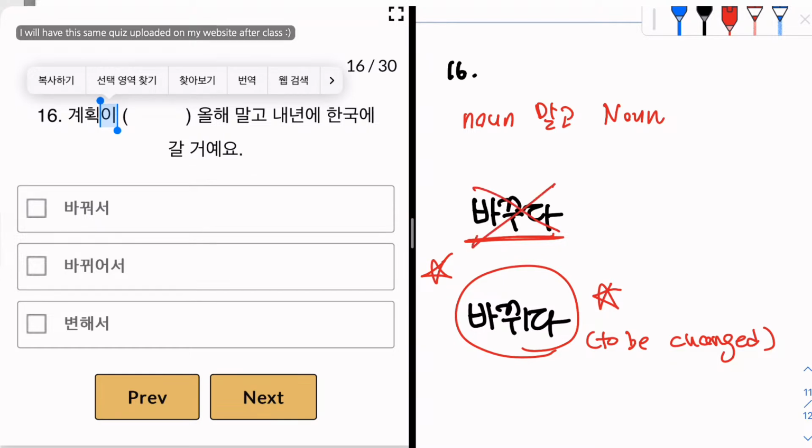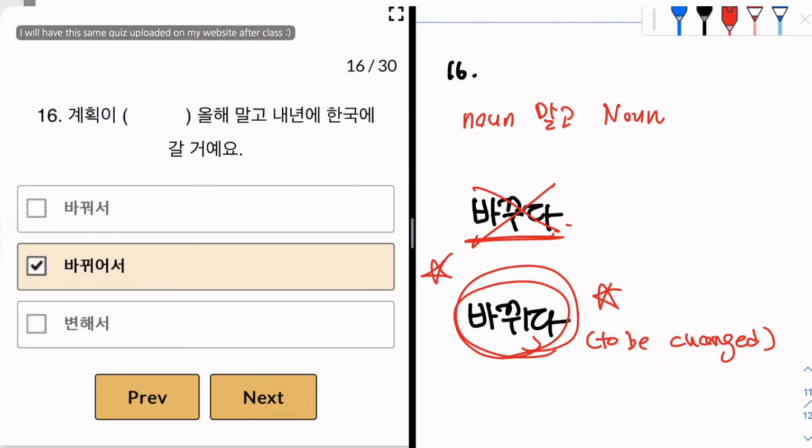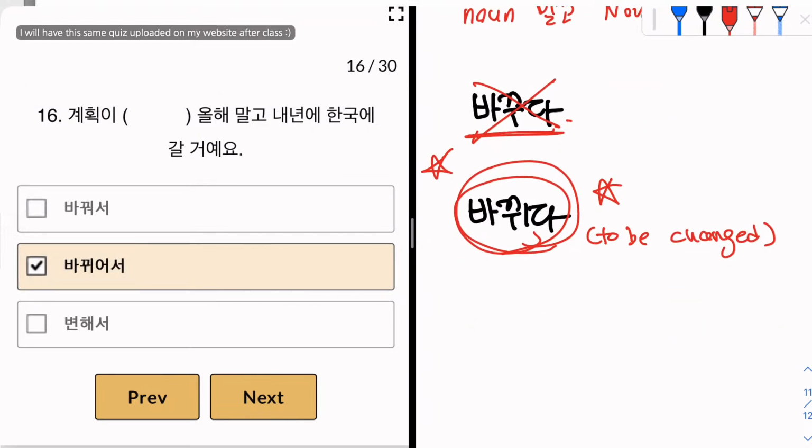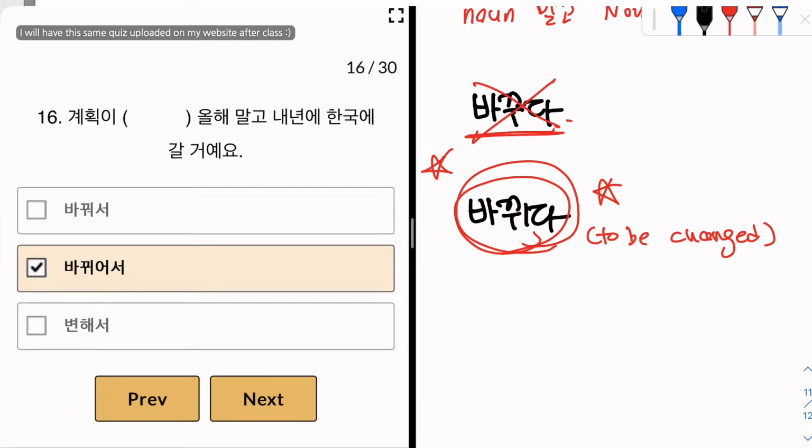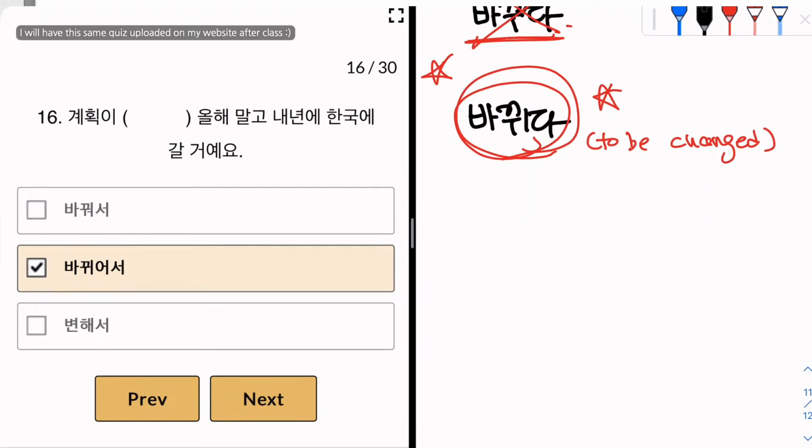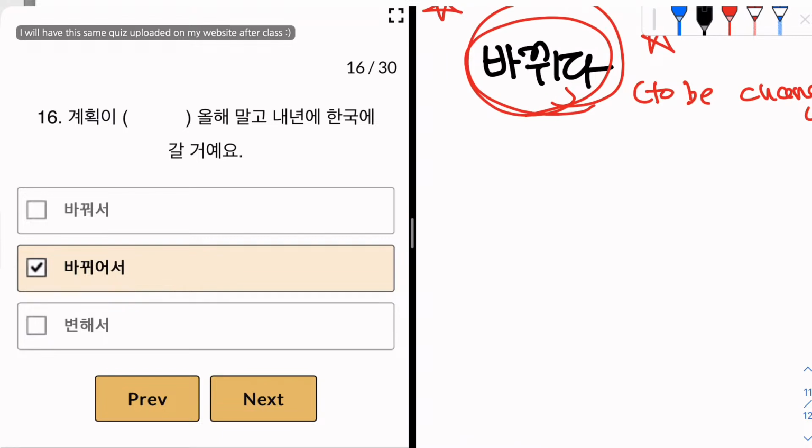So you cannot use active verb, but it should be 바뀌다. So the plan is changed. So you can use 바뀌어서, not 바꿔서. And here, guys, I put 변해서 in the choices as well. And 바뀌다, we learned this means to be changed.